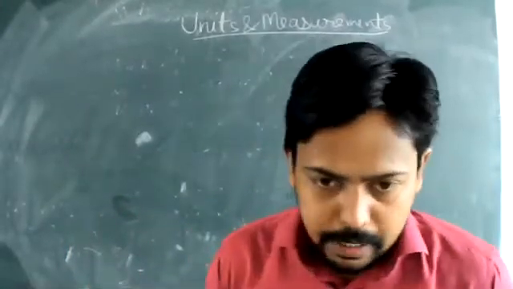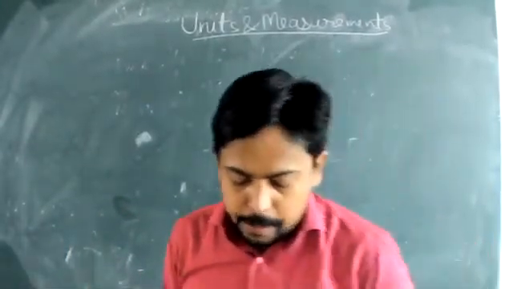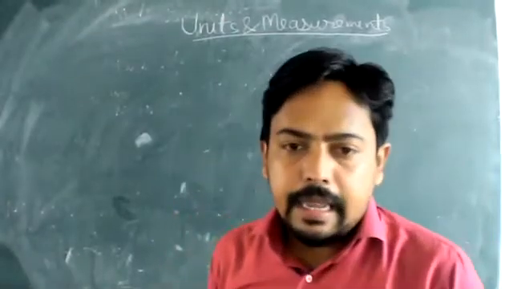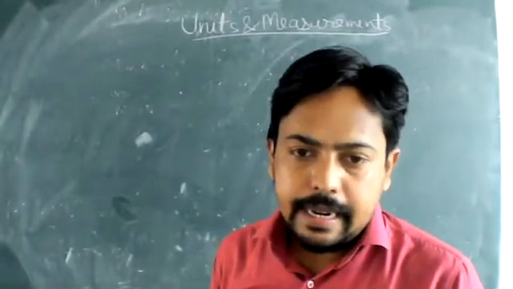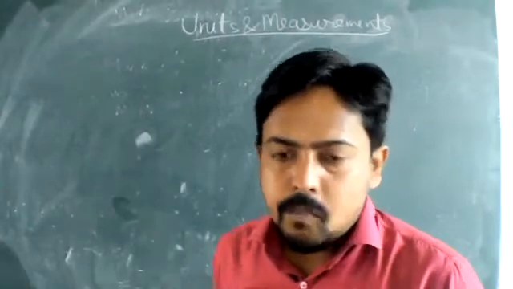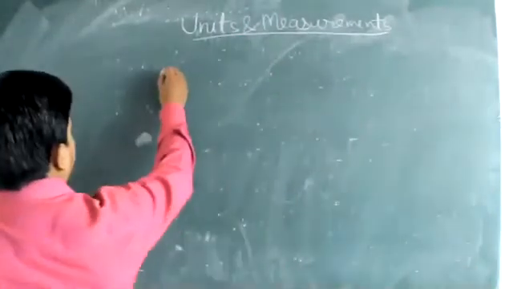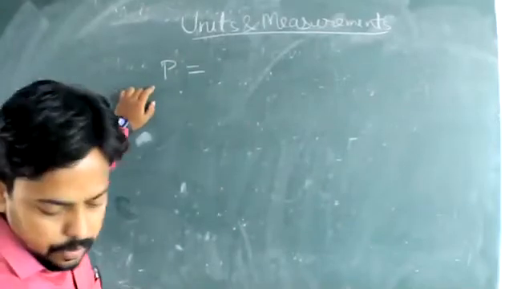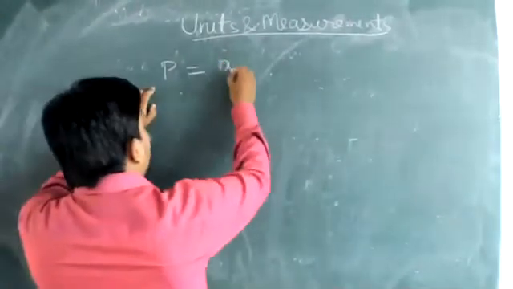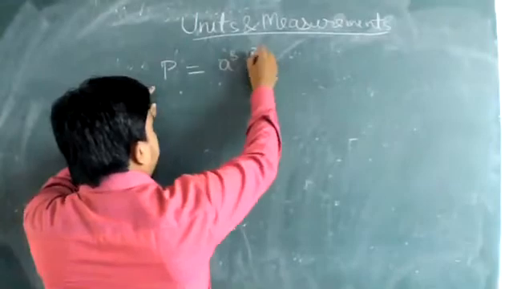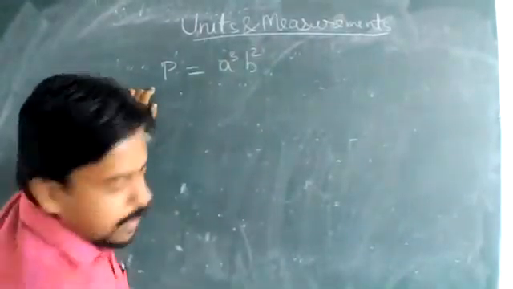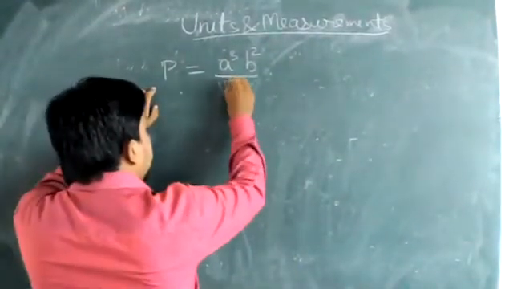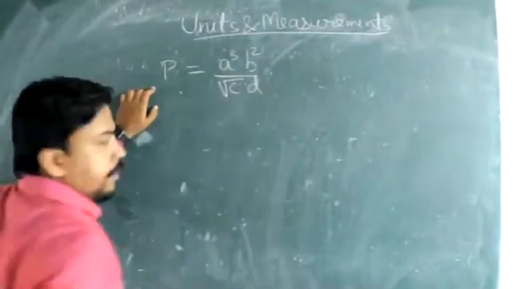The value of P has been given to us, and the percentage errors regarding A, B, C and D have been given to us. So let's try to find out. This is the relation of P which we wrote last time: P is equal to A cubed, B squared, and square root of C, divided by D.